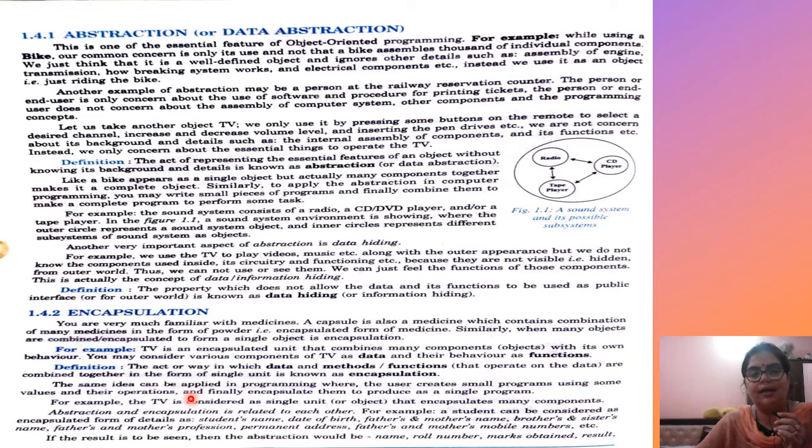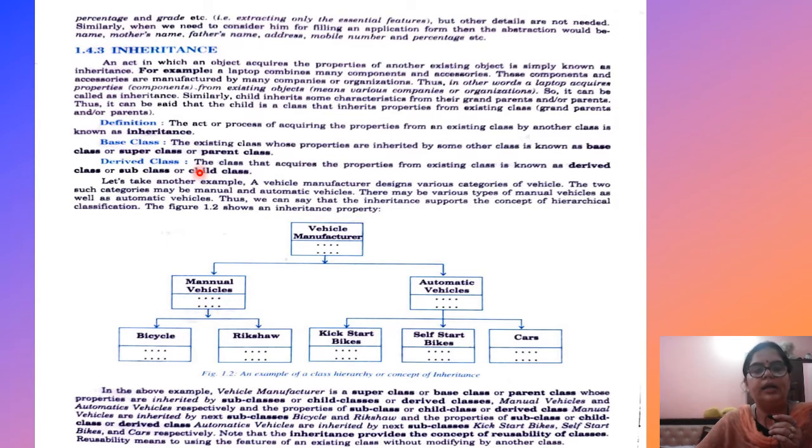We can say it is the act or way in which data and the methods and functions that operate on it are combined together in the form of a single unit. Like your television is a single unit, but many things, such as sound, visuals, and brightness, are combined with each other. That is what encapsulation means.